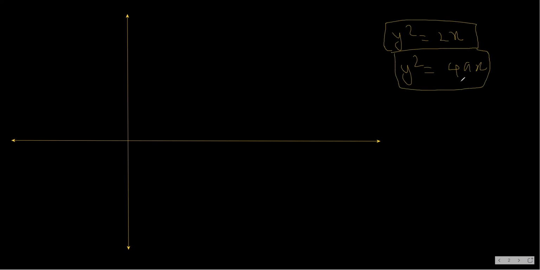And what is y square equals 4ax? It is a right side opening parabola. So this is the y-axis, x-axis. Now I draw the parabola. The y square equals 2x will be this way. So I draw the diagram here, y square equals 2x.